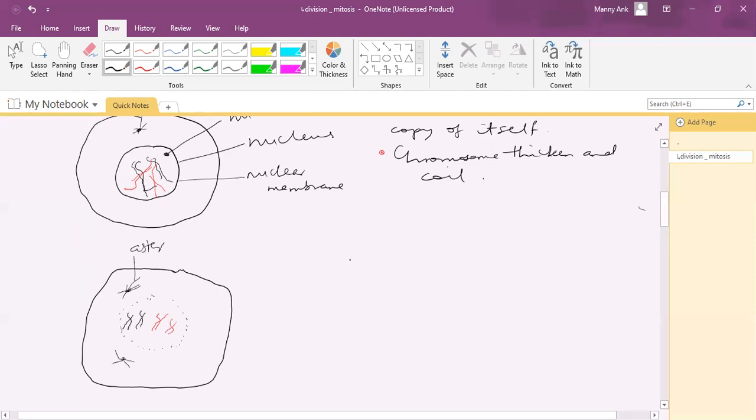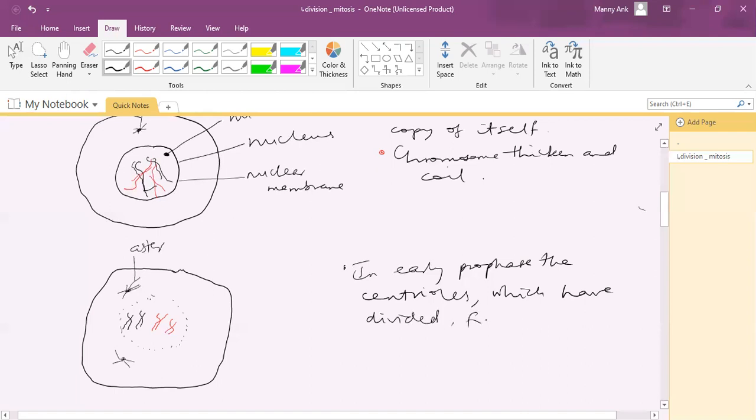Okay, so let's put down a few notes here. In early prophase, the centrioles, which have divided, form asters and move apart.